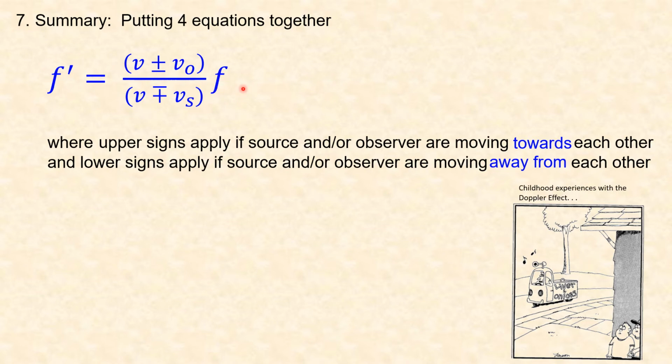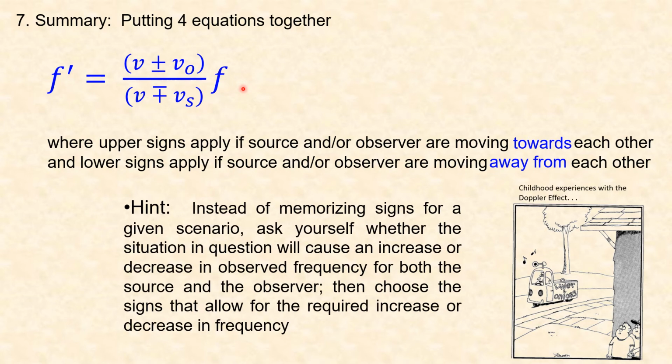Now, we're going to gain some practice applying this formula in different scenarios, but here is my strong suggestion for how to go about using this formula in solving problems involving the Doppler effect.